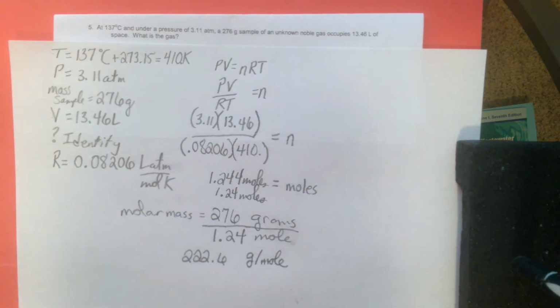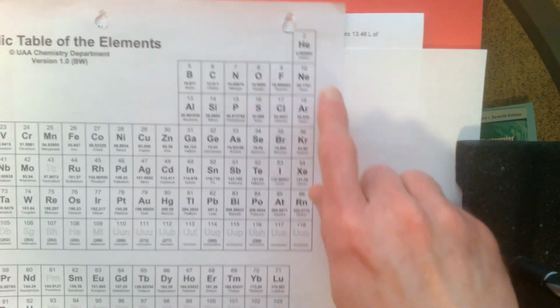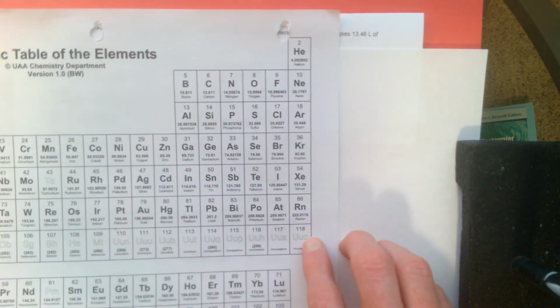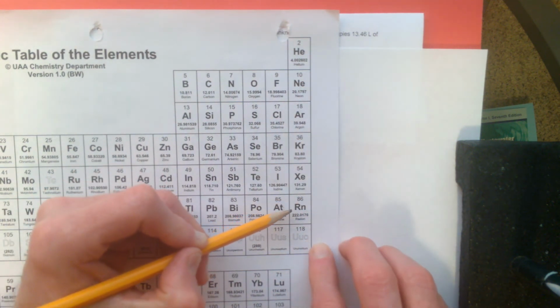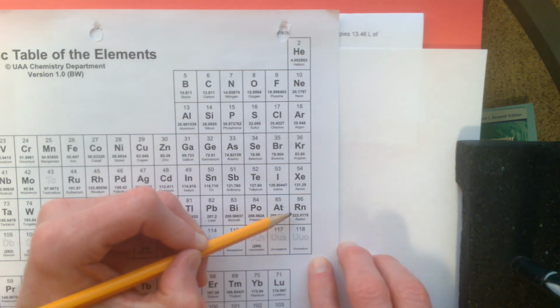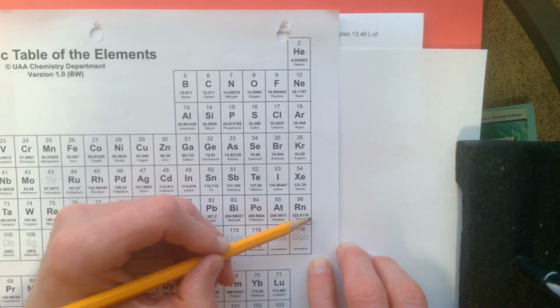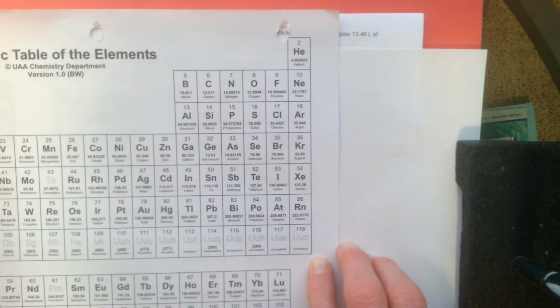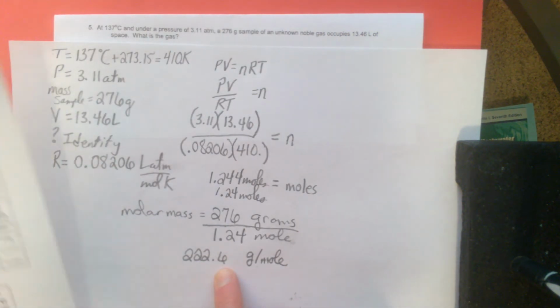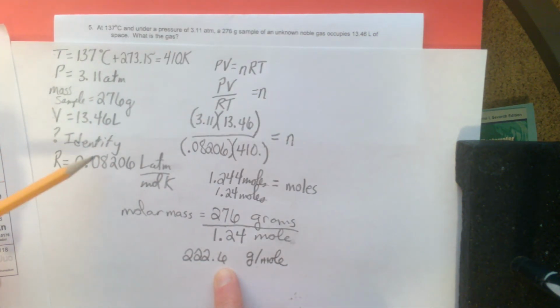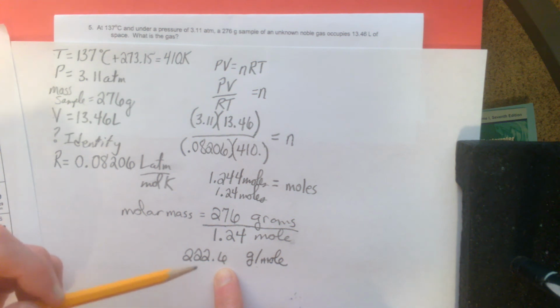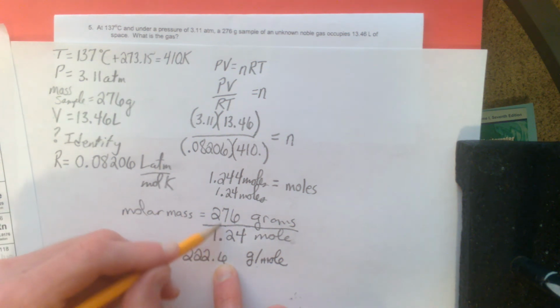Now we did a little bit of rounding here, so they told us it was one of the noble gases. When we look at our periodic table and we look at our noble gases, we notice that the noble gas radon has a molar mass of 222.0176, so 222 grams. Well, that's what we got. Our decimal is slightly different because of the limitation of 3 sig figs in these values.